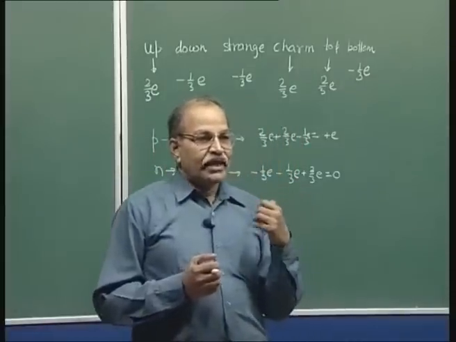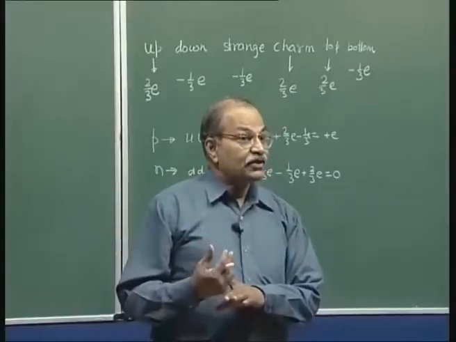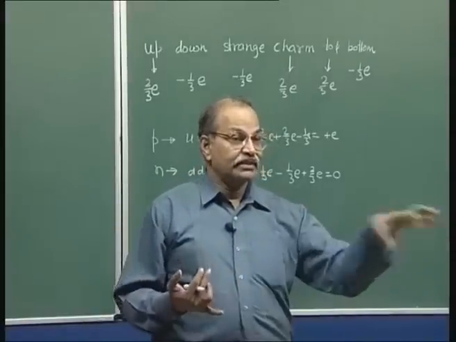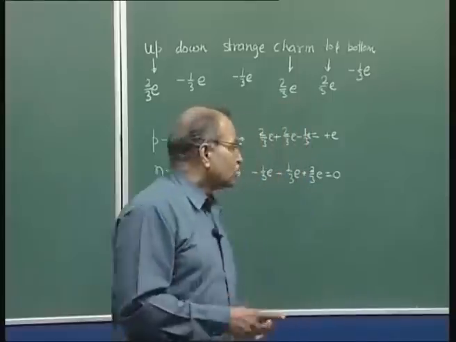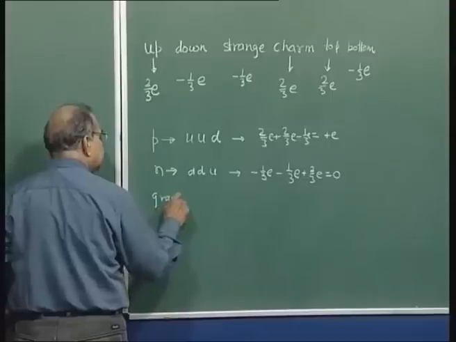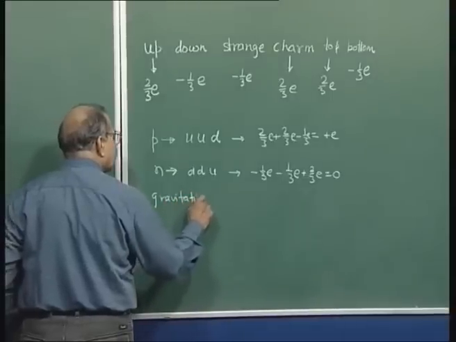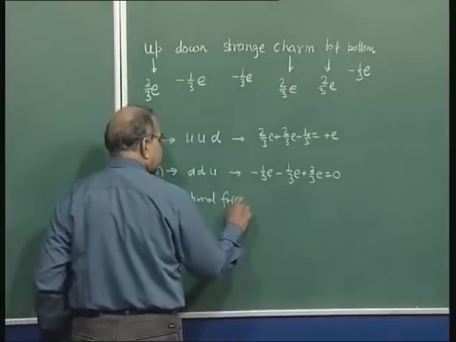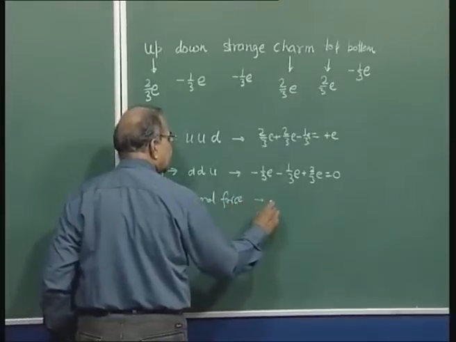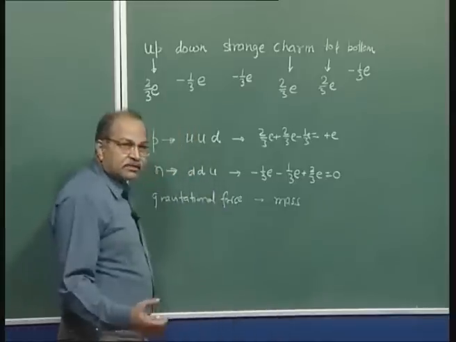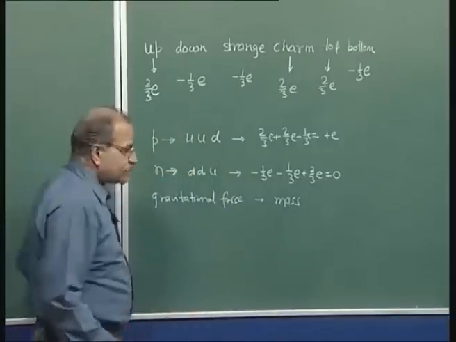And what is the kind of force? This we call the strong force. The nuclear force is the strong force. You have gravitational interaction, and that comes from mass. If there is mass, there is gravitational interaction.